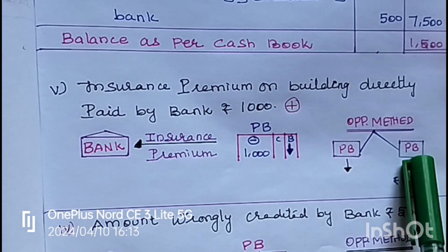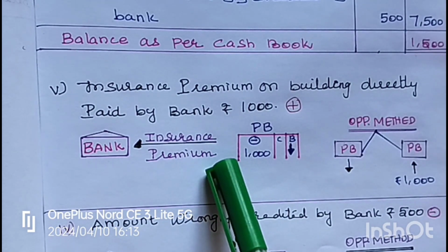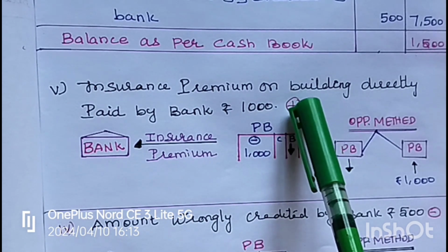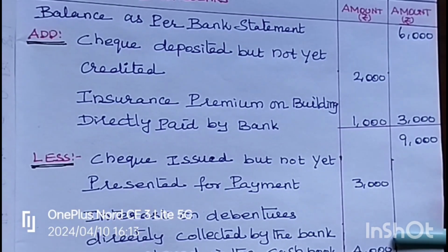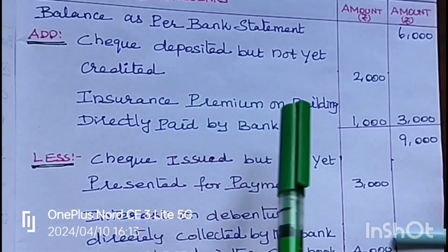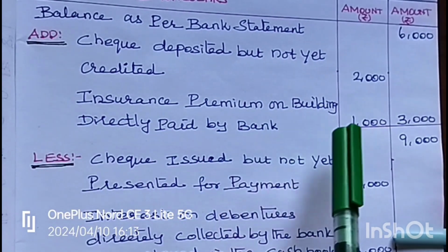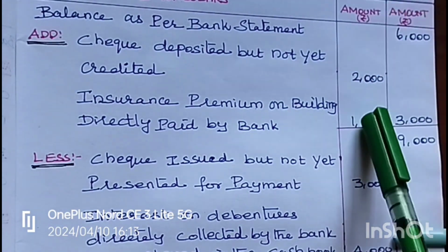In this transaction, we have to add it. Okay. This transaction is to be added only. In the add column, we have to write insurance premium on building directly paid by the bank, and 1,000 rupees is entered in the inner amount column. We entered.